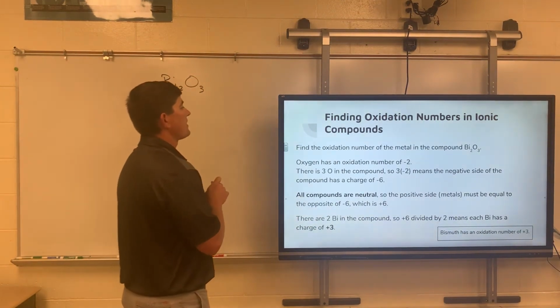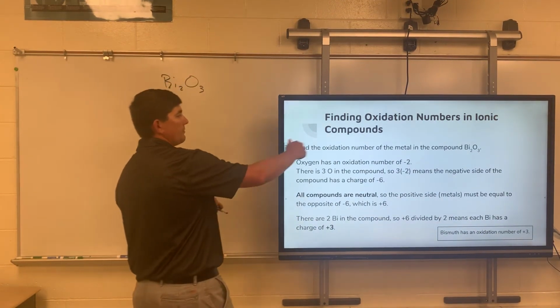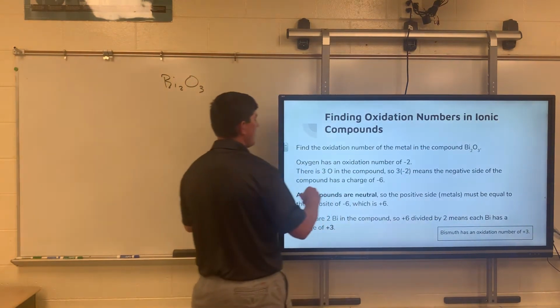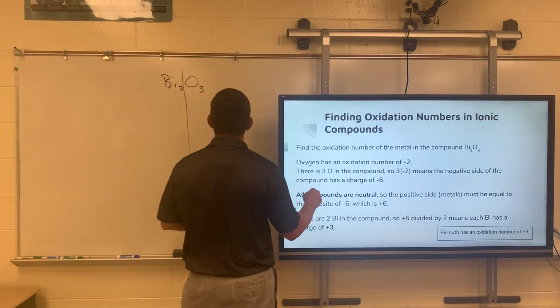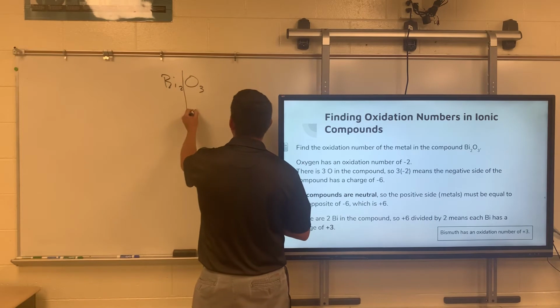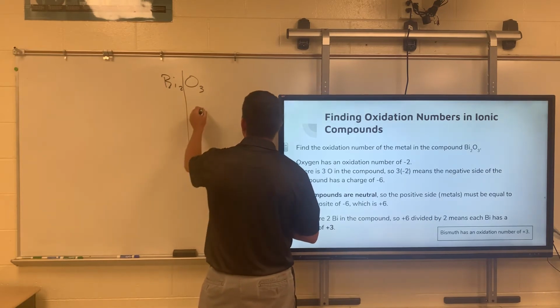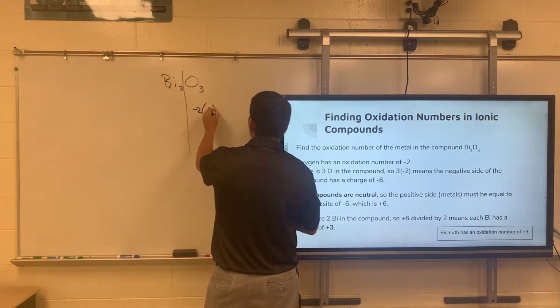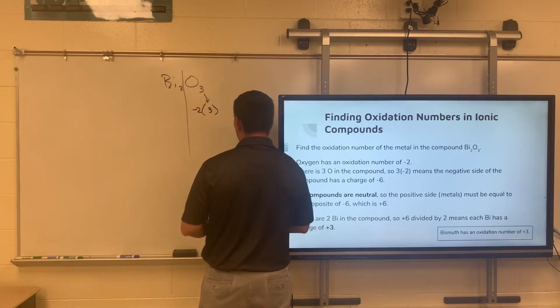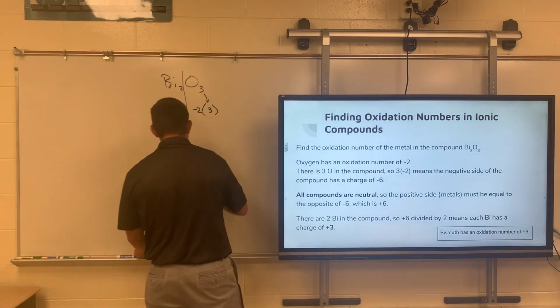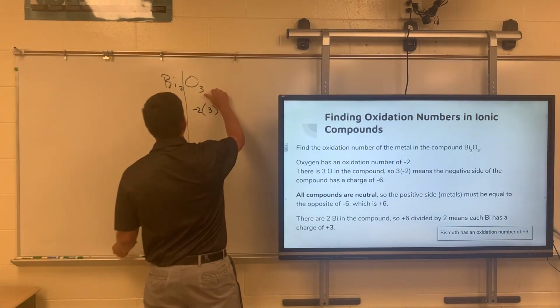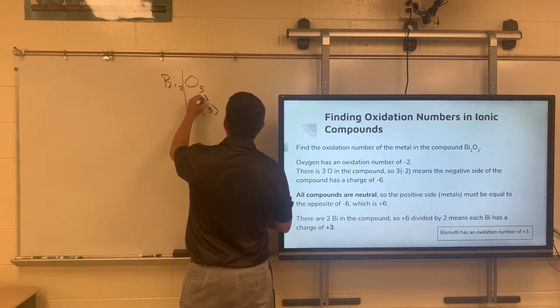So find the oxidation number of the metal, once again, of the bismuth, the Bi. We're going to start with what we know. Oxygen has a -2 charge, right? There are 3 of them. That comes from right there. I don't know if you can see colors. I'll put this in a different color to help out.